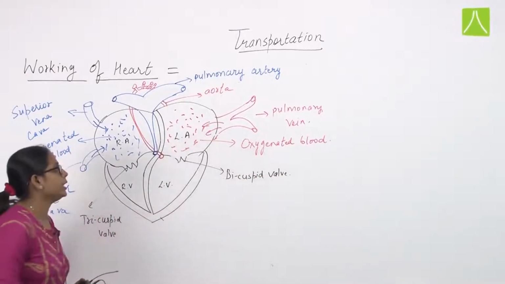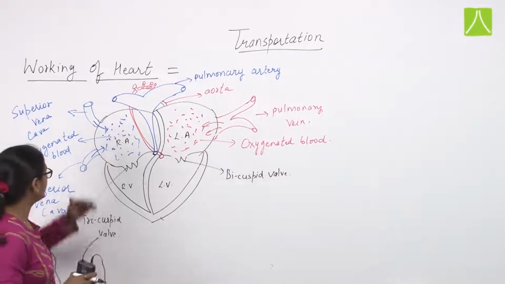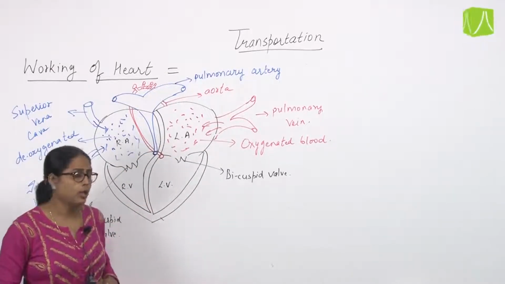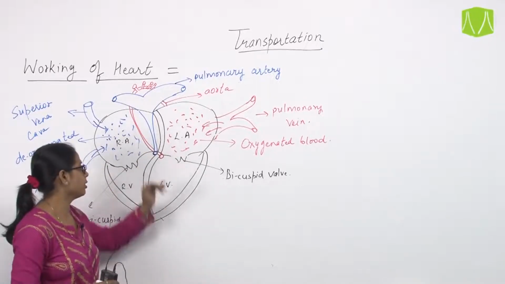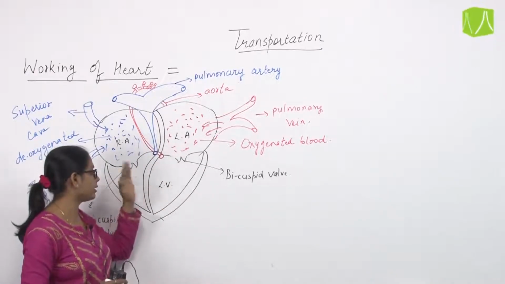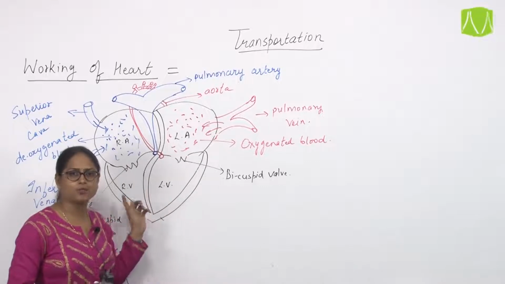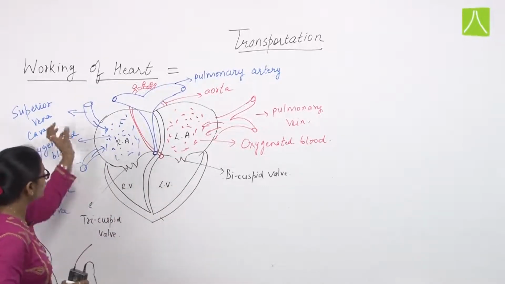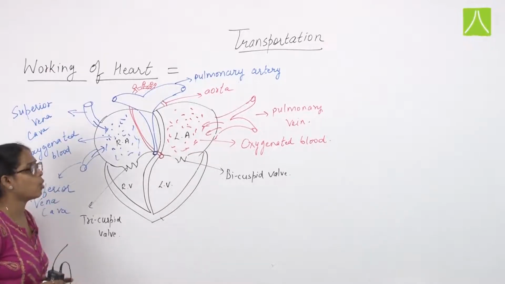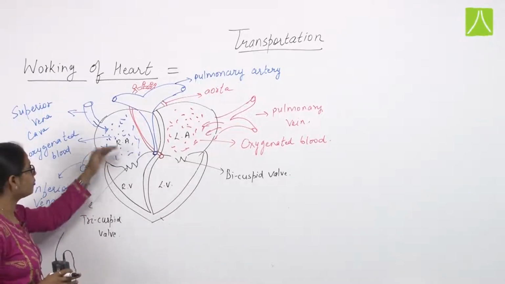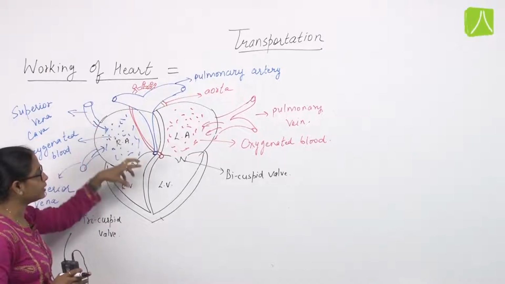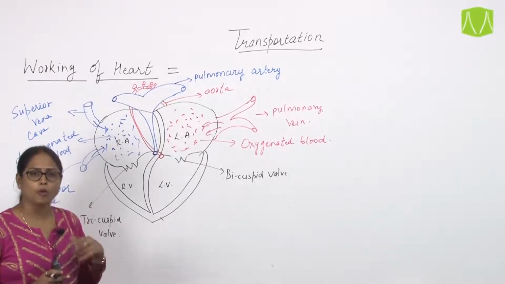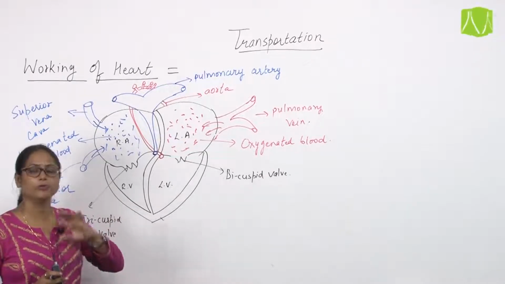During the entry of blood, whether oxygenated or deoxygenated, from the right side and the left side respectively into the auricles, the valves of the right side and the left side, that is tricuspid and bicuspid valves, remain closed. Now what happens due to the entry of more and more blood in the auricles? The amount of blood entering causes pressure throughout the walls of the auricle.